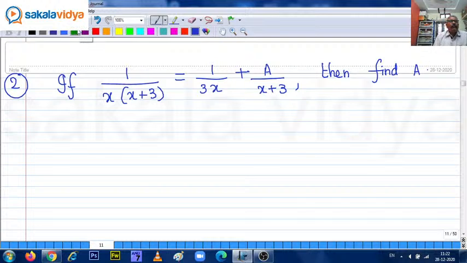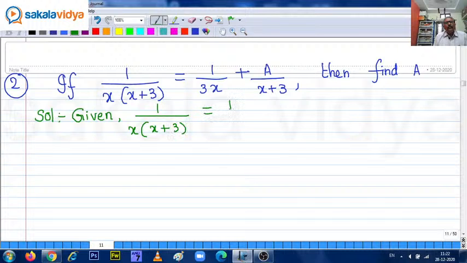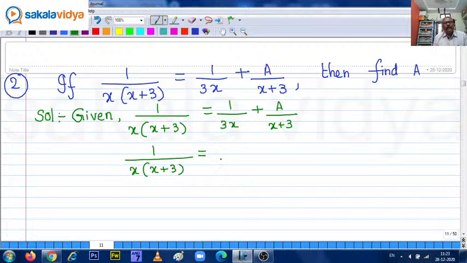Okay, let us solve it. Solution: given 1 upon x times x plus 3 equal to 1 upon 3x plus a upon x plus 3. So 1 upon x times x plus 3 equal to, LCM is 3x times x plus 3.